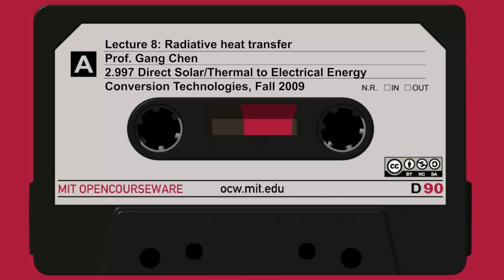That's 90 degrees. And phi, as in spherical coordinates, is 2 pi. So if you do the integration, you find that for blackbody or isotropic radiation, the intensity and emissive power have a pi relationship.